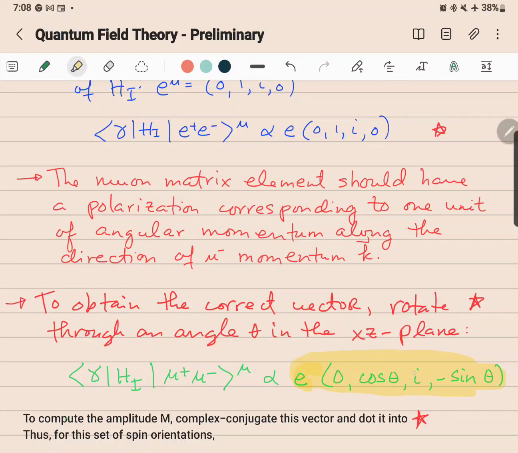So the y retains its direction, only the x and the z change direction. So you have cosine theta here, sine theta here, and cosine theta here. So you can do your research on this, and it will help you understand what happened.